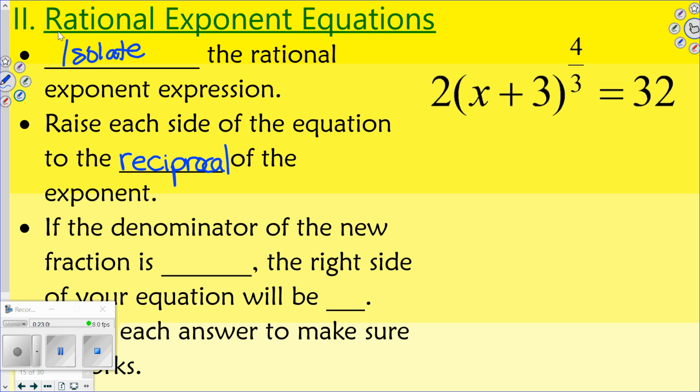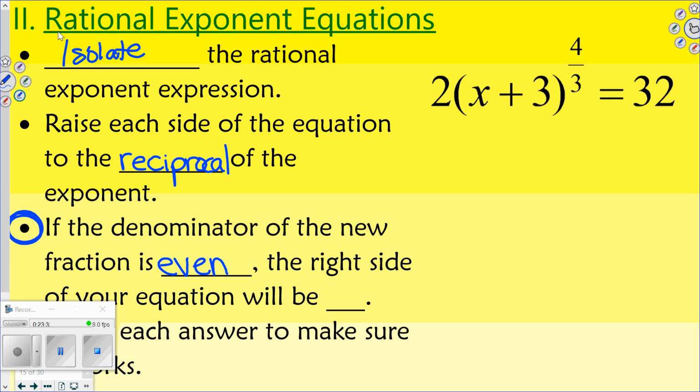This is like one of those weird random rules that we always have to remember. There's always something, right? Not that it's hard, you just got to remember it. If the denominator of the new fraction is even, what's the denominator mean? It's the bottom one.